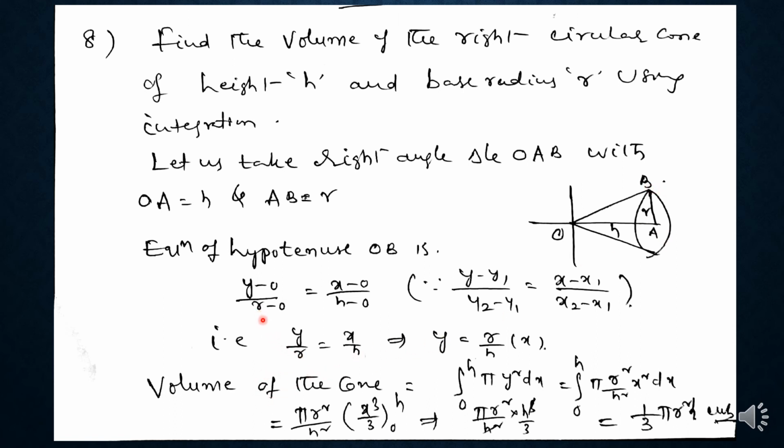So this becomes y by r is equal to x by h. Now y can be written as r into x by h, that is r by h into x.